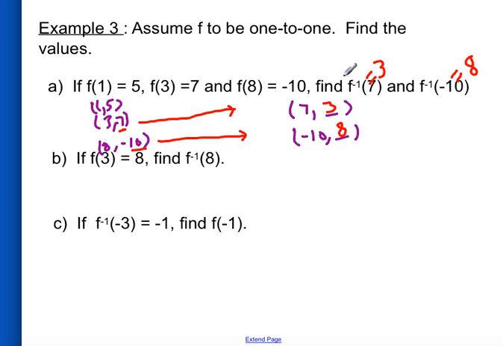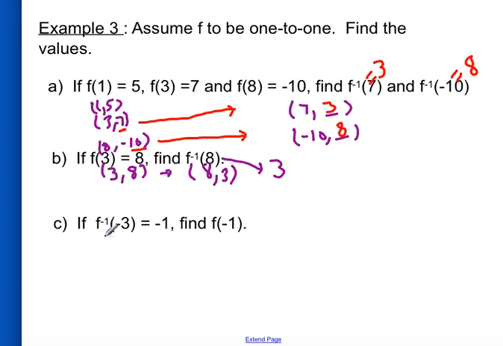All right, so now let's come down here and look at this other one here. So this one here says we've got an ordered pair here of 3, 8. That means that the inverse function just swaps, becomes 8, 3. So remember, this is saying here, if your x value is 8, what's its y value? 3. Right?